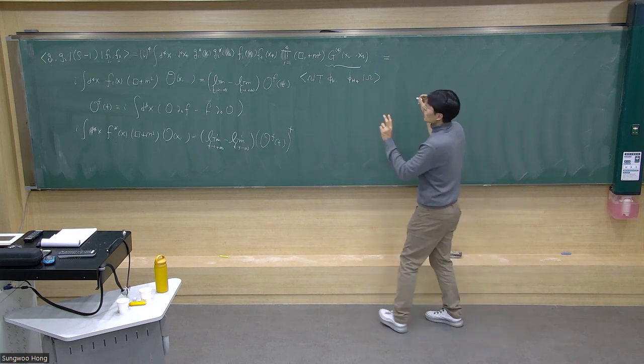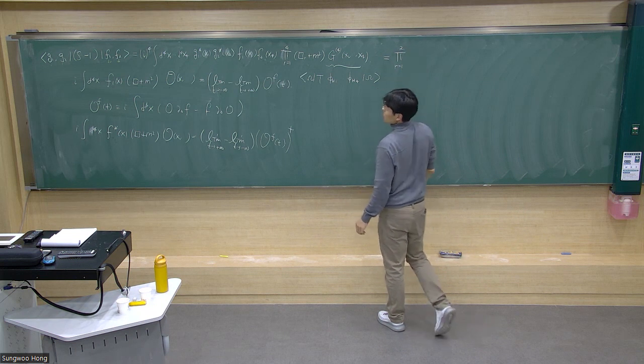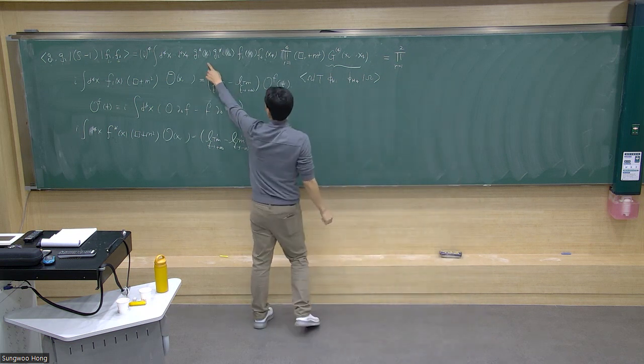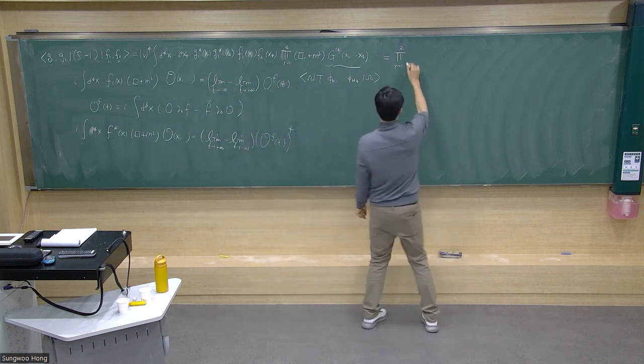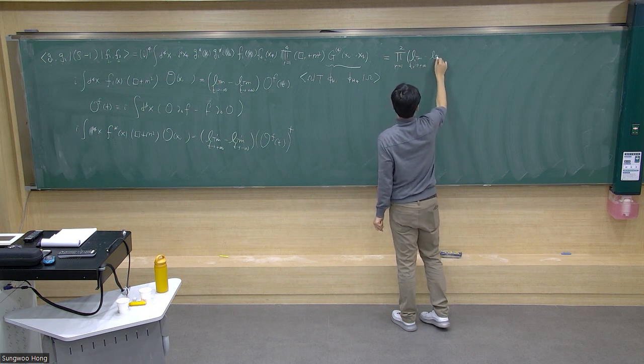So there are two. Let me say R1, 2. Okay, and then that thing should come with R goes to plus infinity first, and then R goes to minus infinity.